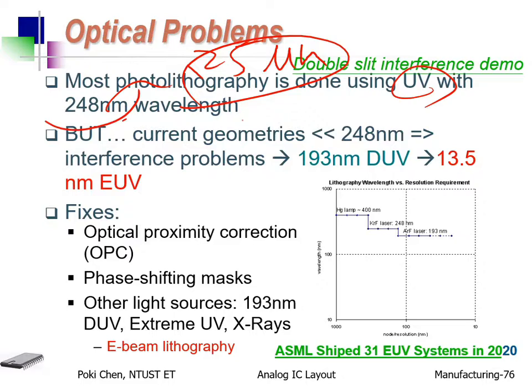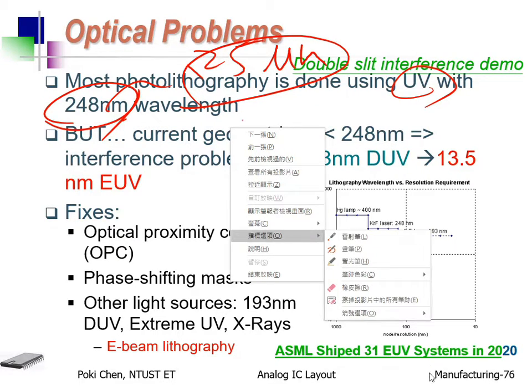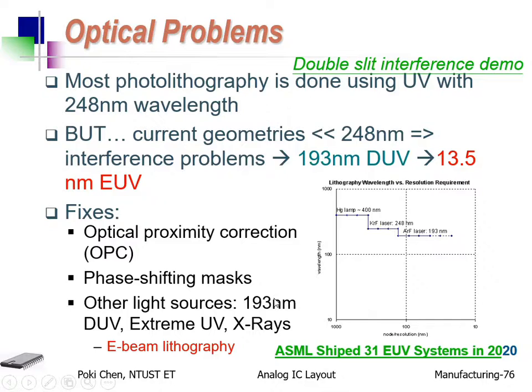I mean, for 0.35, for 0.5 micron, even for 1 micron, 2 micron, no problem with this. But with smaller feature size, there is some kind of optical problem, right?